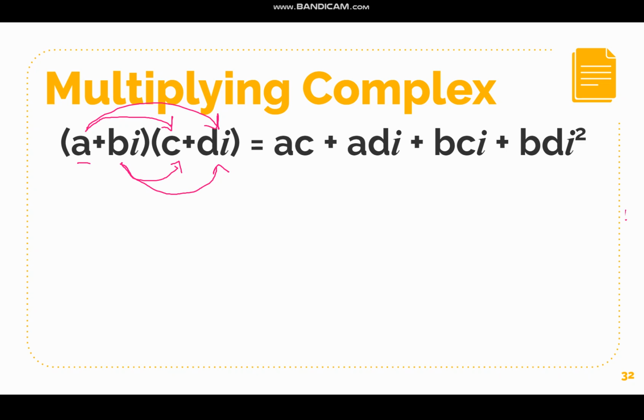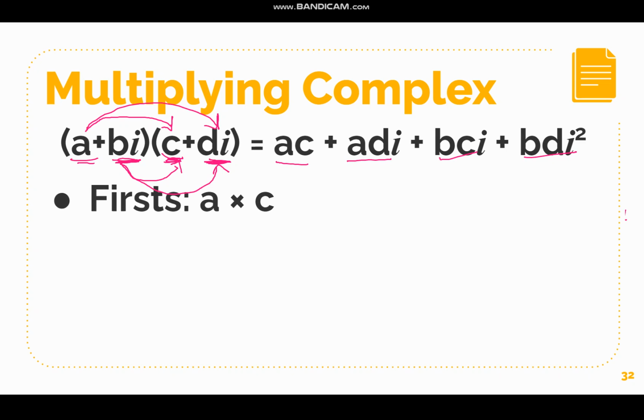So it's first, and then outer, which is a and d, and then inner, which is bi and c, and then last, which is bi and di. So as you can see, first, outer, inner, last is how you multiply complex numbers. It's just like multiplying binomials.